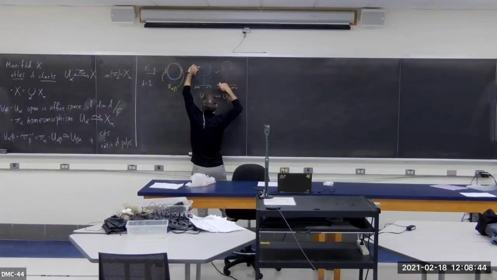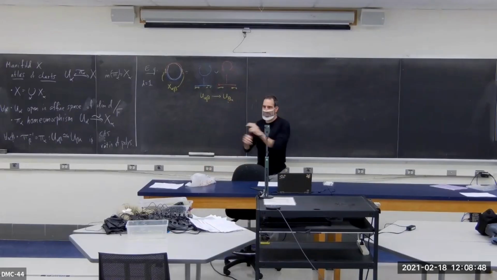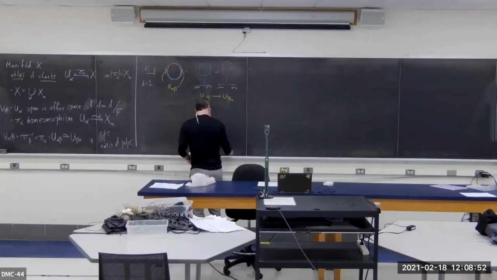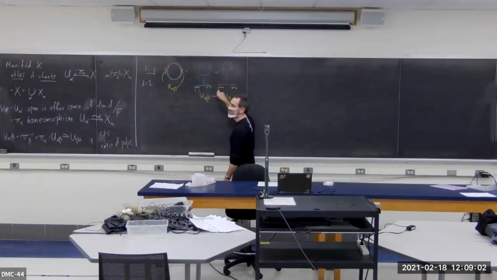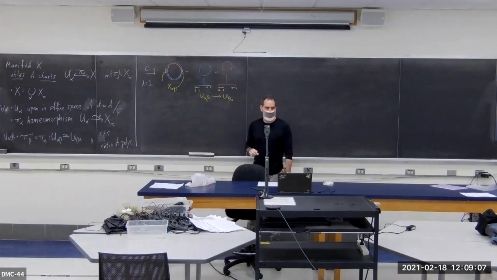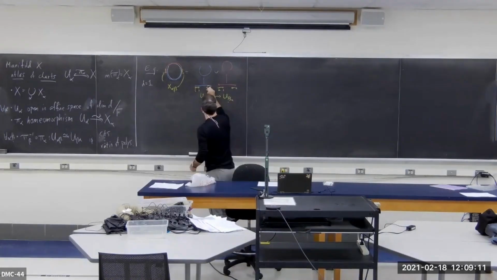And what can you tell me about the map? Does it reverse orientation, keep the orientation? What does it do? Right, so this point, let's call this point 1, and that's 2. Have I done things in a way that makes it so that, yeah, so then what's this? That's 2 and that's 1, right? So the map flips this interval to get to that one. And how about this? This is 3 and 4.